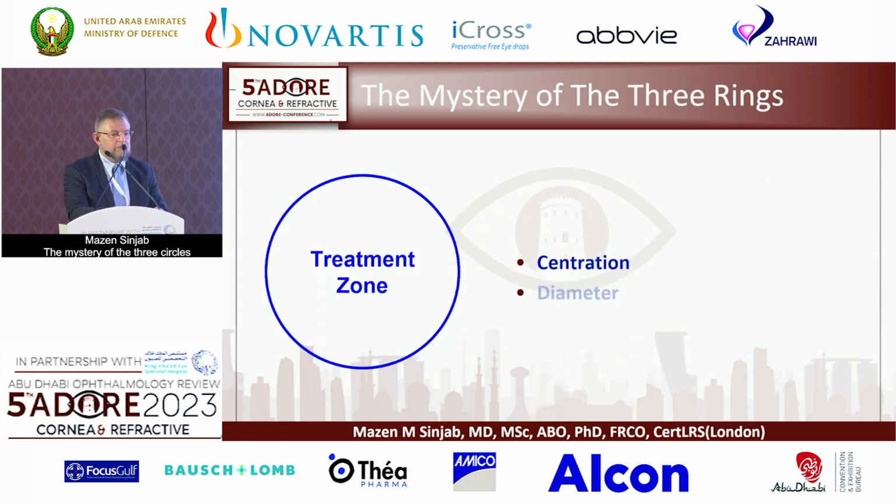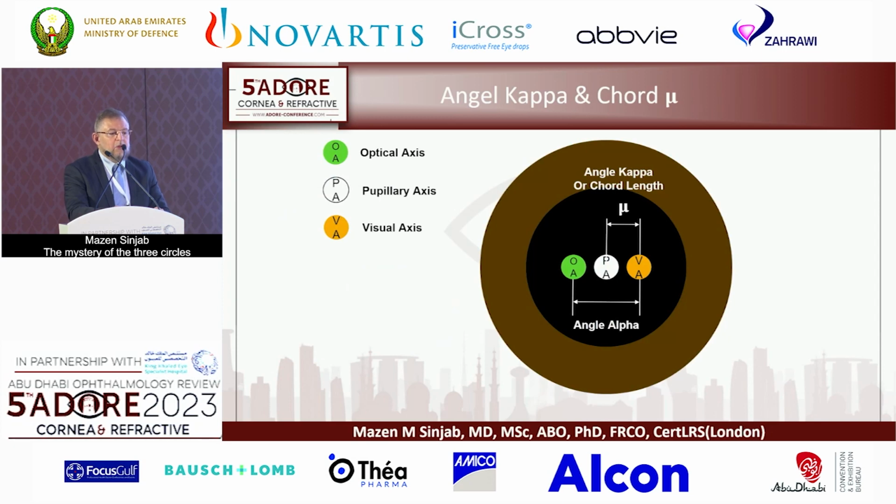the treatment zone. Regarding the centration, we know that we get the best results when we center the laser profile with the visual axis and not let the machine center the laser profile with the pupil axis, because by default it will center it with the pupil axis.